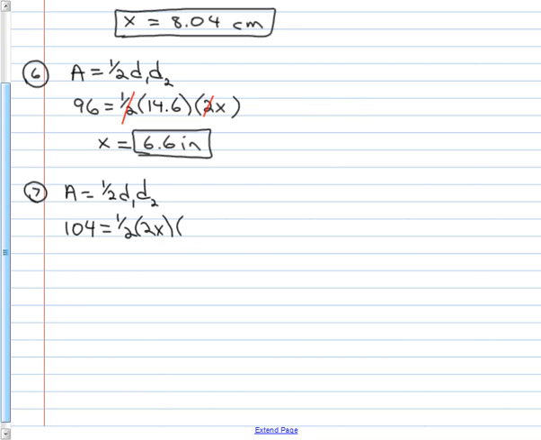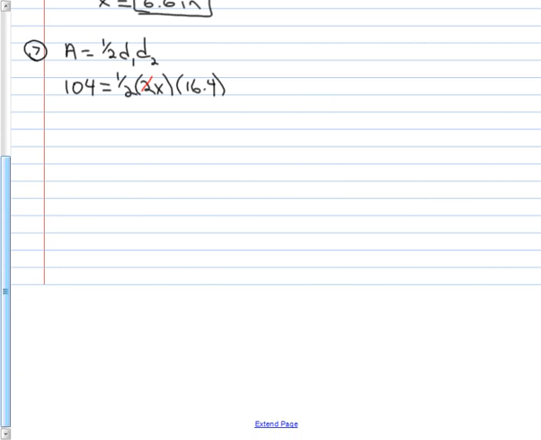How about the other diagonal? 16.4. So again, I can take half of the 2, and that's just 1. All I have to do is divide by 16.4. 6 point how much? 6.3 feet. We found what is missing. From page 793, 1 through 26.